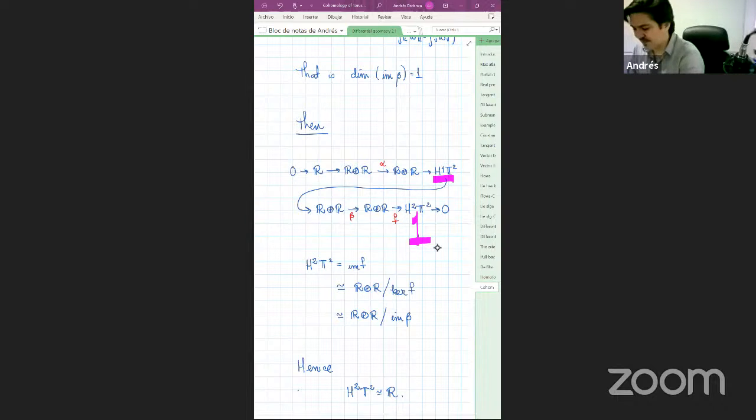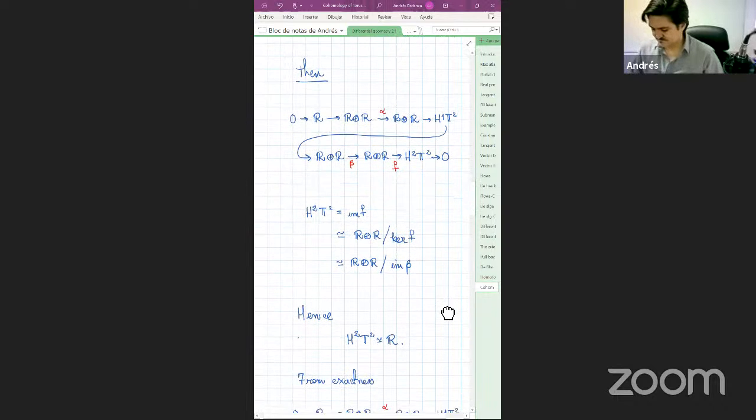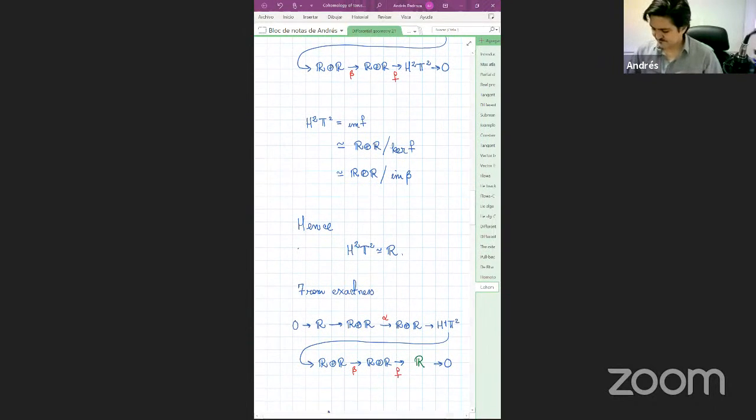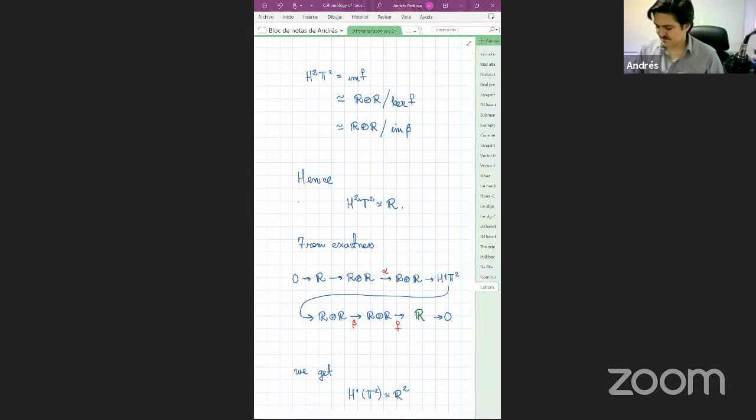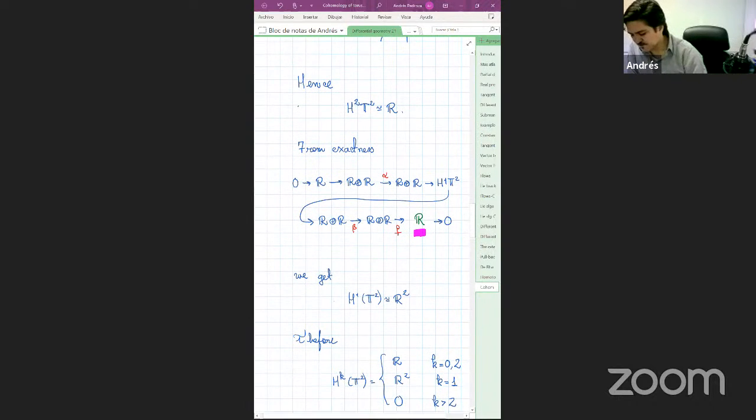Correct. It's two-dimensional. Right, now you know this, so you can compute that. And we are done. Now you have computed the cohomology of the torus.